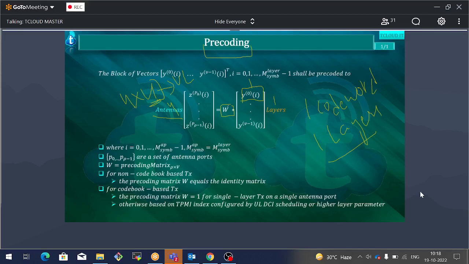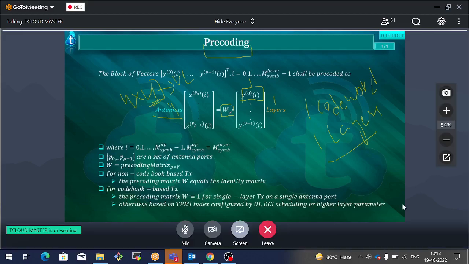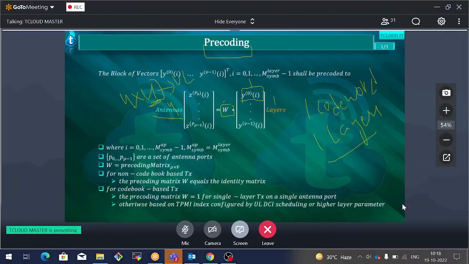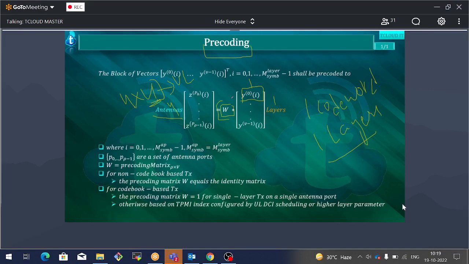So this W would become a beam-based thing. So you are choosing the W in such a way to form a beam. That means whatever the values that are placed in this W would do the angular modification for the Y values or your symbols in a digital way. We call that digital beamforming.